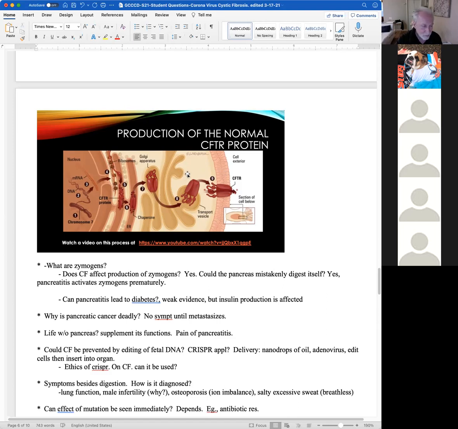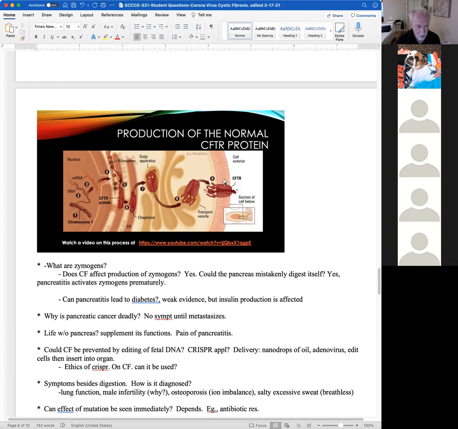Now, each of you is going to have a project where you'll have a mutant, and each of your mutants is going to be blocked or affected at a different stage of this convoluted pathway. Some will make no protein at all. Some will make a protein that aborts before it gets to the plasma membrane. In other cases, the protein is made, but it's inefficient or unable to transport chloride ions.